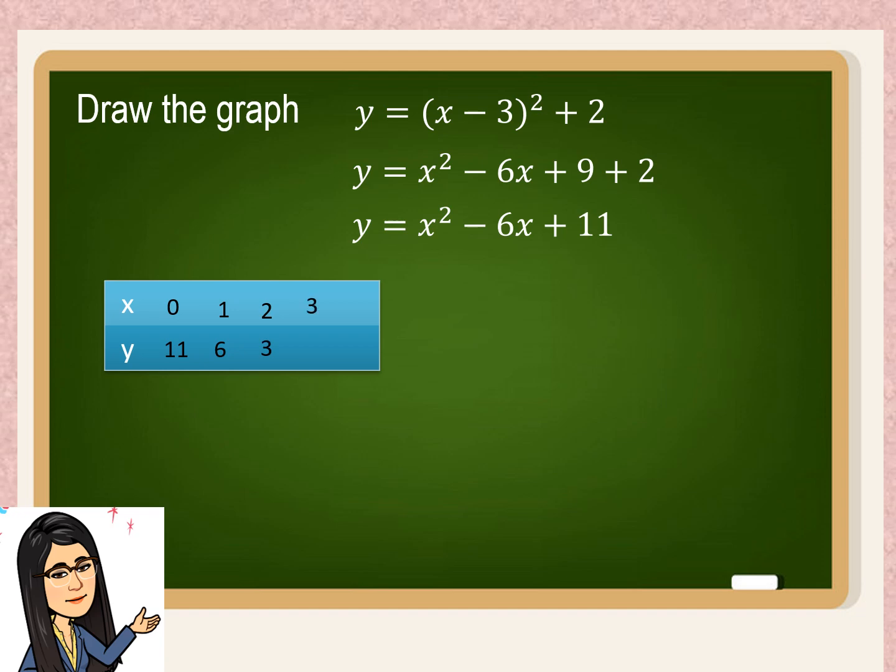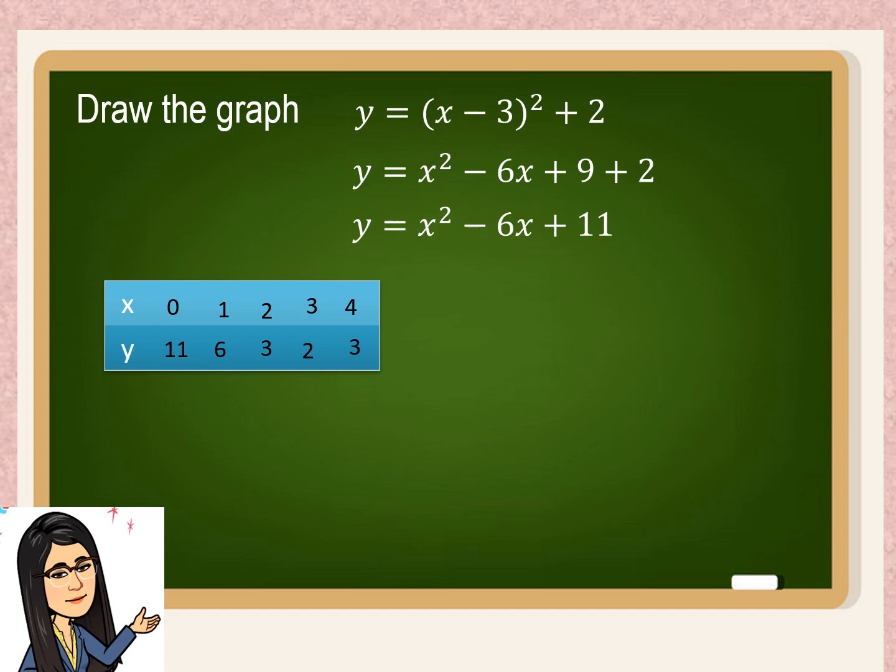Then if x is equal to 3, what is y? So 3 squared minus 6 times 3 plus 11, our answer is positive 2. Then, if the value of x is 4, we will have 4 squared minus 6 times 4 plus 11.